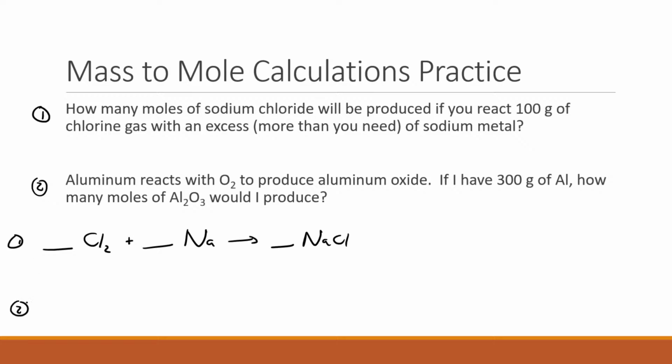And for question 2, you've got aluminum reacting with oxygen to make aluminum oxide. All right, try balancing them out, converting to moles, and then using your ratios. And these are the toughest 2 we're going to look at.